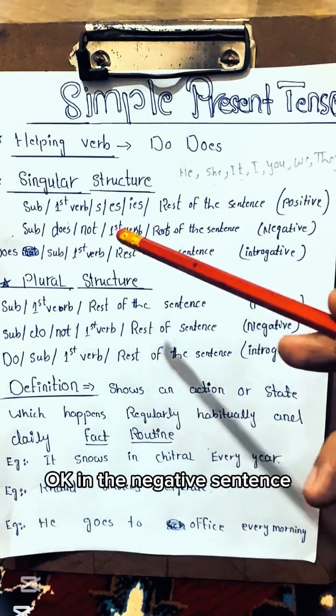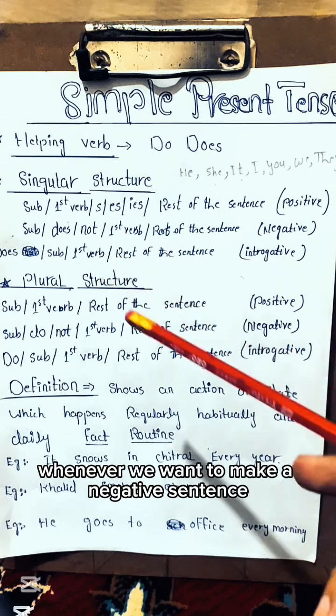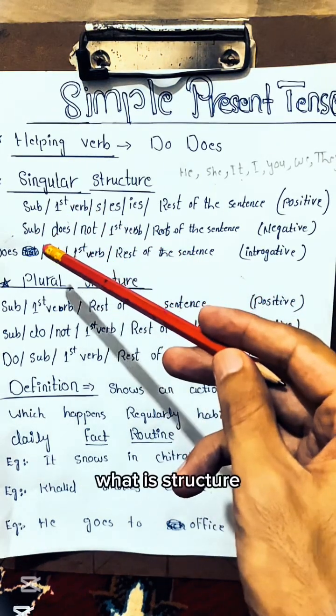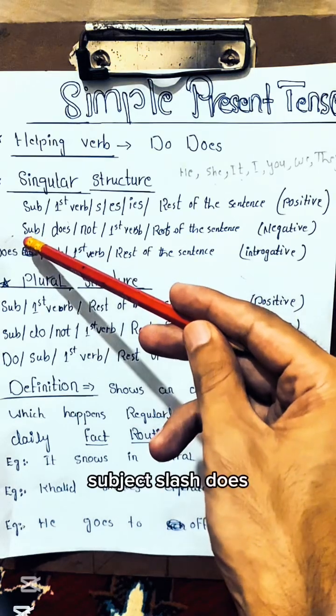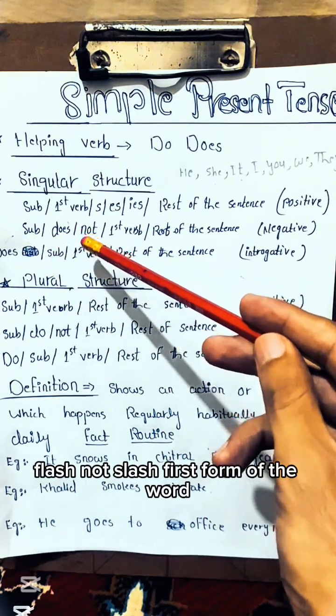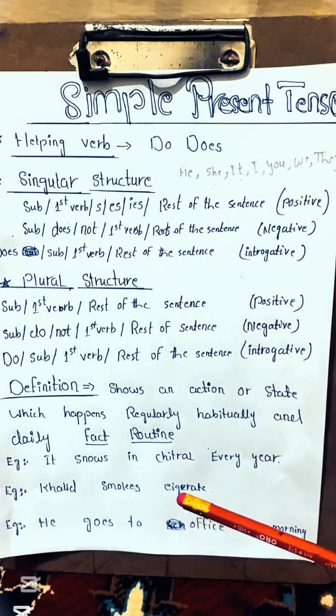In the negative sentence, whenever we want to make a negative sentence, we will use this structure: subject, does, not, first form of the verb, rest of the sentence.